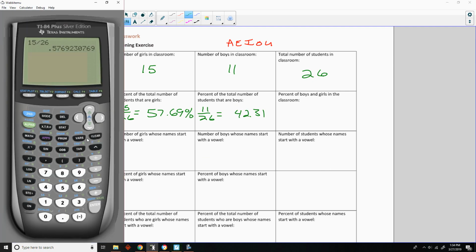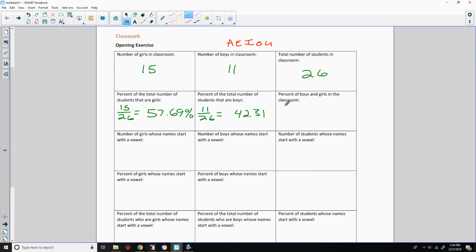Now if I check that and put 11 divided by 26, I should get 42.307, which rounds to 42.31. Percent of boys and girls in the classroom. Well, that would be boys and girls, so that'd be 15 plus 11 over 26, which equals 26 over 26, which equals 100%.